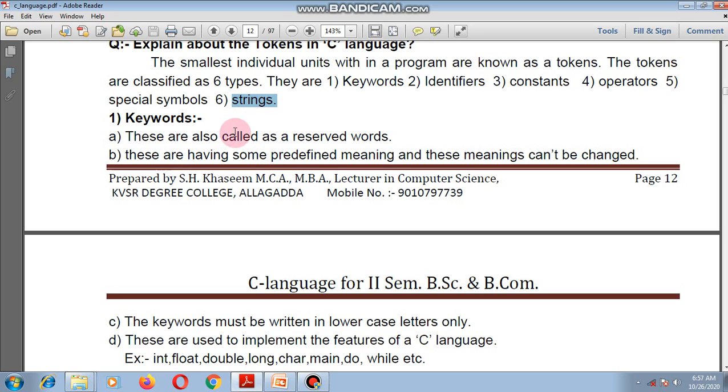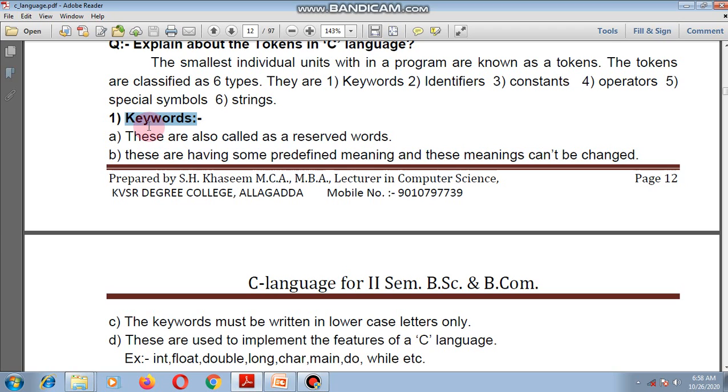Okay, let us start from the first one with the detailed information. Keywords. These are also called reserved words, and they already have a fixed meaning, which cannot be changed. Keywords must be written in lowercase letters only. These are used to implement the features of C language.